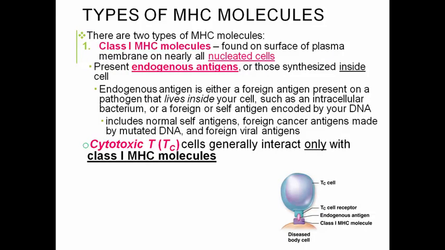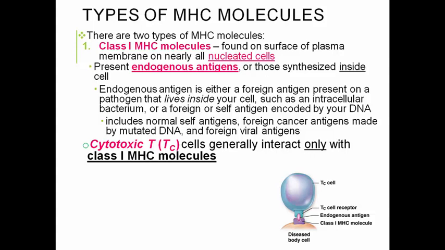Two types of MHC molecules. We know that class 1 are found on nearly all nucleated cells. They use and present endogenous antigens. So these are the ones that are for inside of cells. They're either foreign antigens that live inside of our cells, or it could be a self-antigen that's encoded by our own DNA.